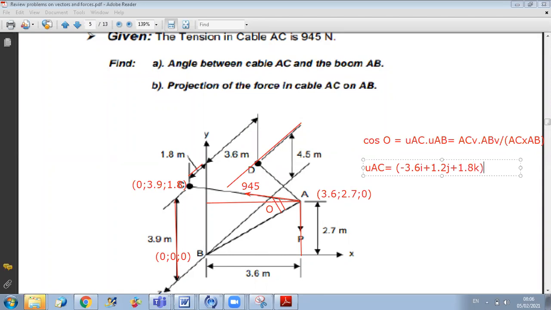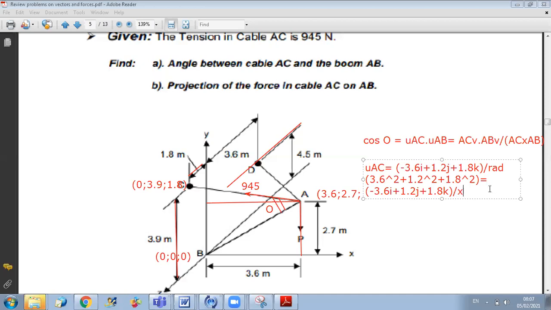This gives me vector AC, and I should not forget to divide by the magnitude, so over the radical of 3.6 squared plus 1.2 squared plus 1.8 squared. So this is the unit vector of AC. To simplify, I can calculate this number and call it x, so the unit vector of AC is this over x.